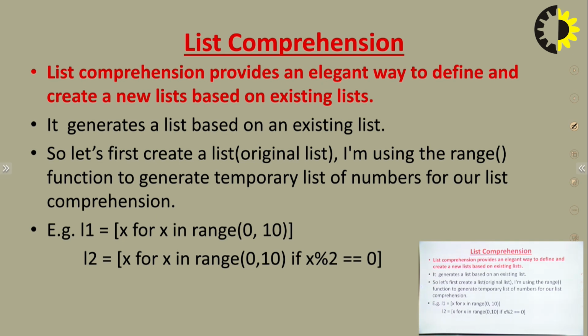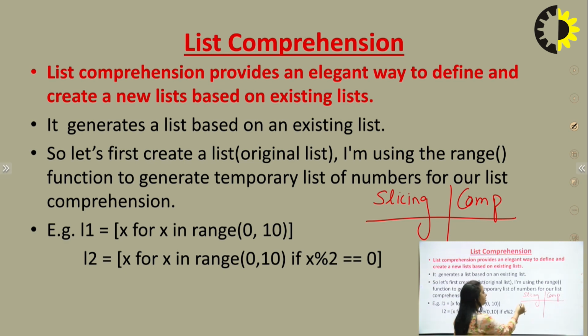Now the next topic is list comprehension. First of all, we need to understand the difference between list slicing and list comprehension. Sometimes students get confused between slicing and comprehension.